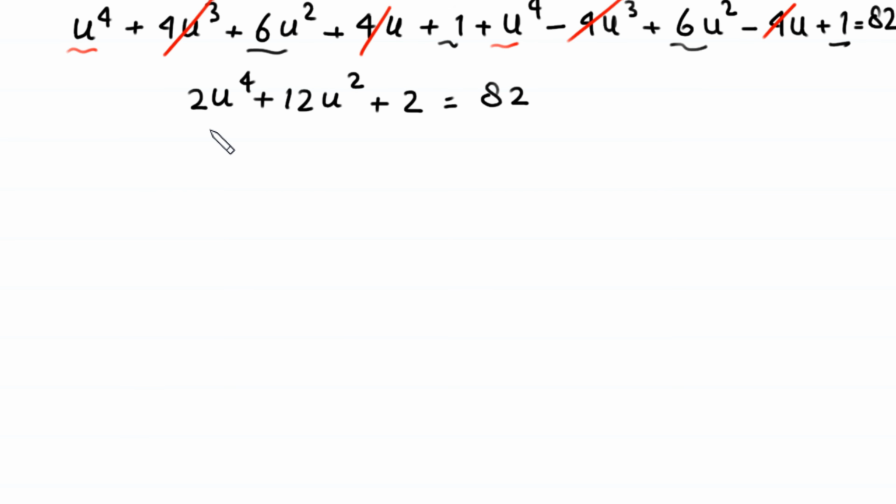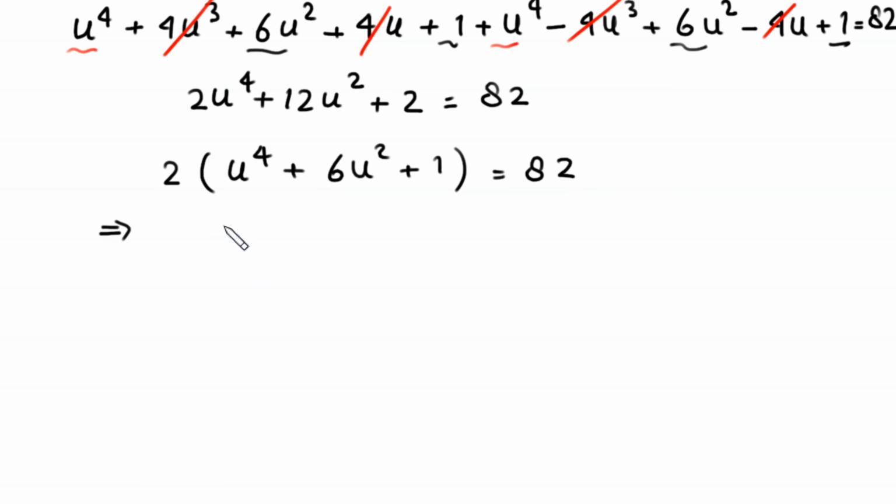Now from the left hand side we can factor out 2, and in the bracket is left u^4 + 6u^2 + 1, equal to 82. If we divide both sides by 2, this implies u^4 + 6u^2 + 1 = 41.